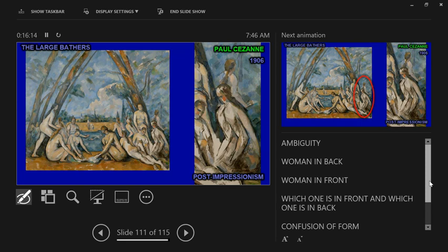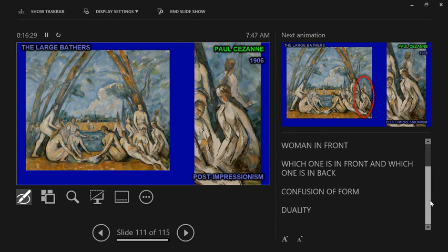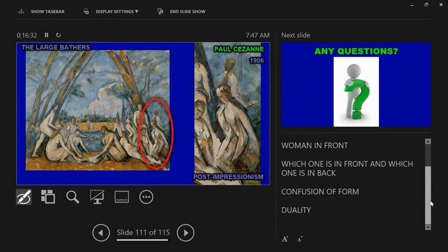So are we looking at the front of the woman in the foreground or looking at the back of the woman in the background? There's a bit of confusion. We don't really see which is which, and they're both occupying the same space at the same time. Right? It creates a duality.